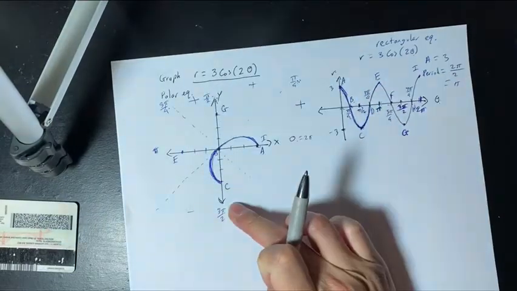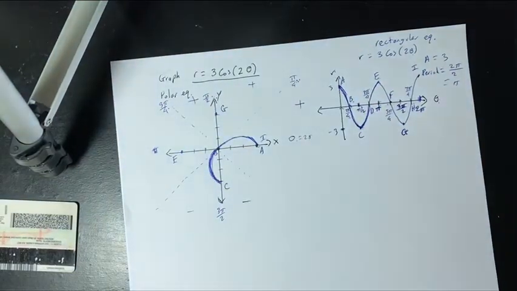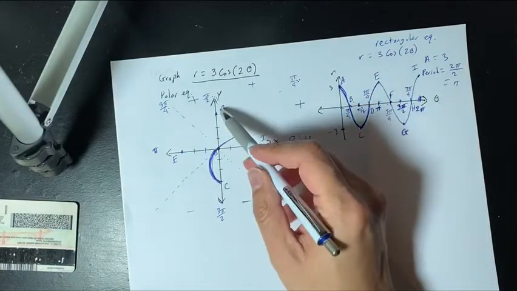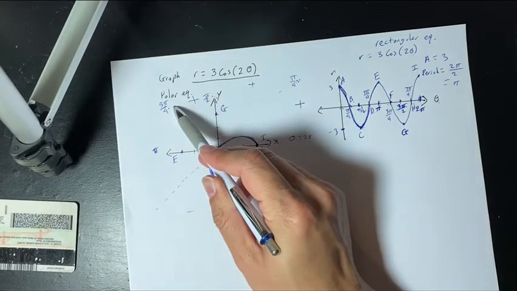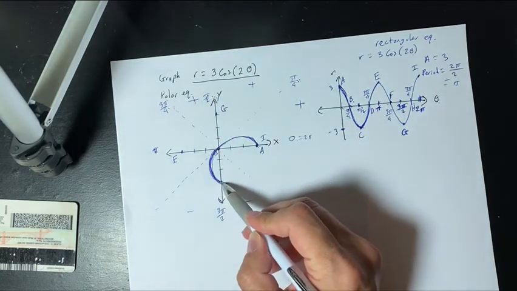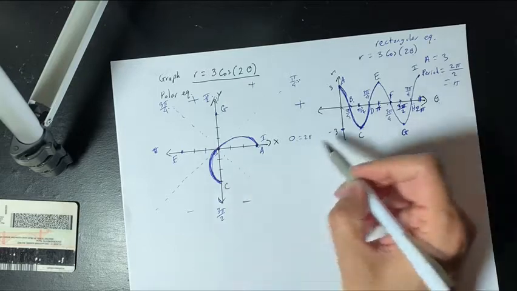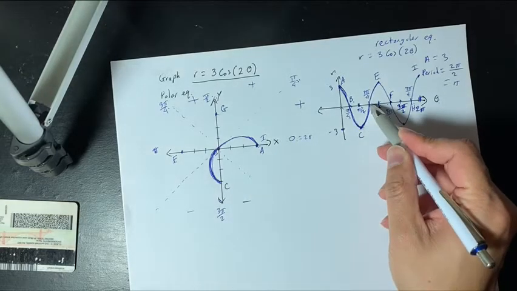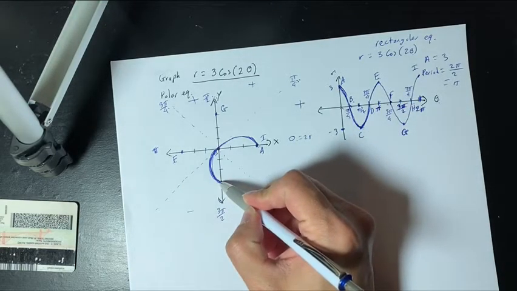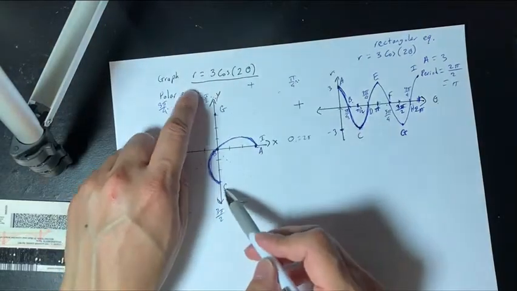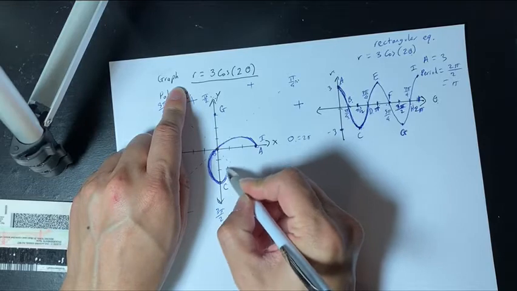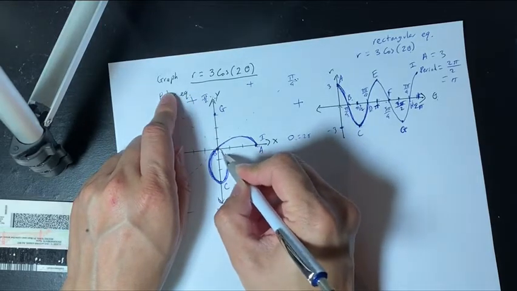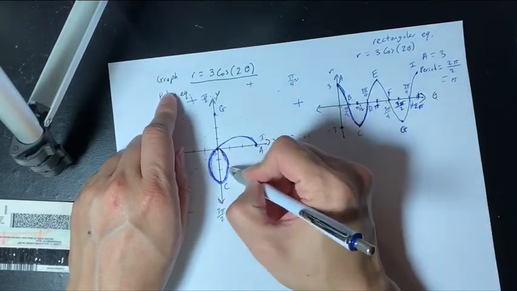But if you reflect that, here's the negative r. So as you increase the angle from pi half to 3 pi over 4, your radius will actually be less negative. It will go towards the 0 radius. So as angle increases, radius would decrease and it will go towards 0.